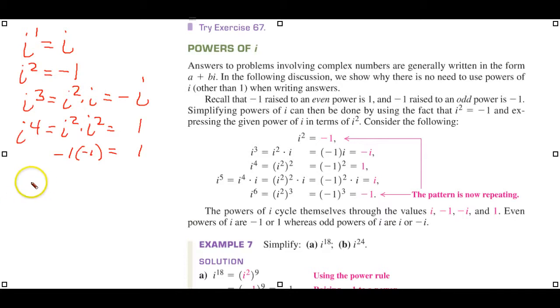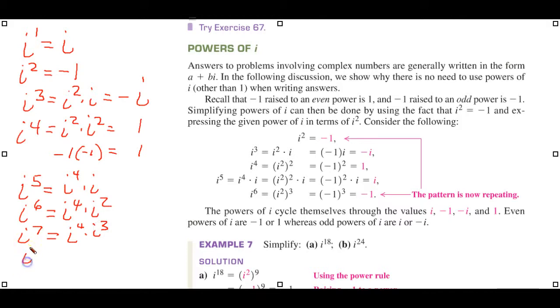Okay? So we have, in a sense, from powers of i, from the first to the fourth, that they create a pattern. So when we go to i to the fifth, that is equal to i to the fourth times i. And then i to the sixth equals i to the fourth times i to the second. And i to the seventh equals i to the fourth times i to the third. And i to the eighth equals i to the fourth times i to the fourth.